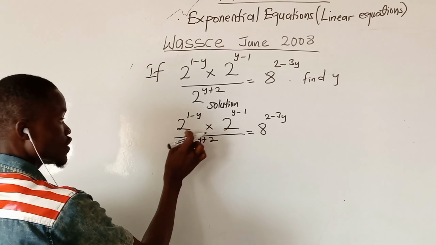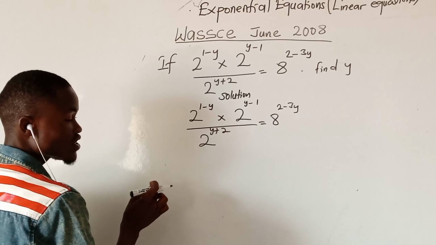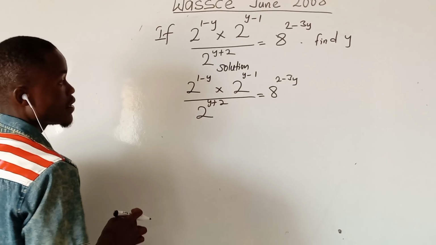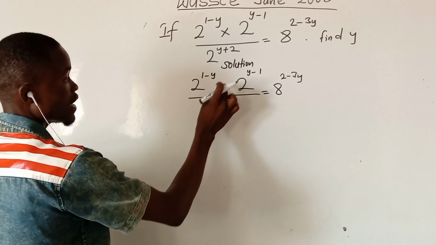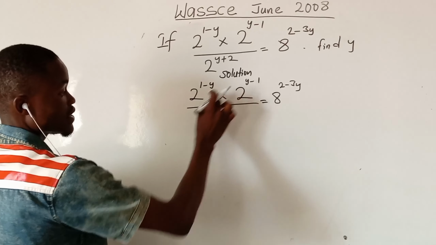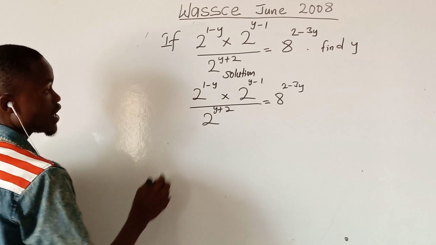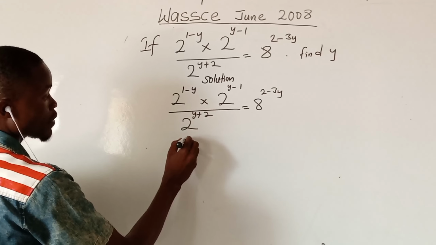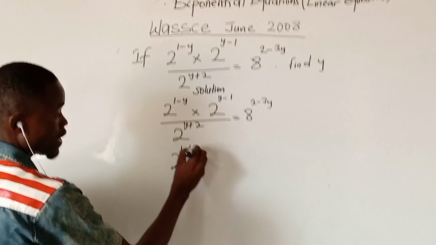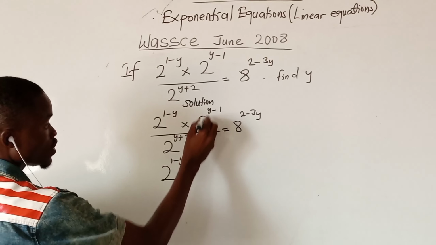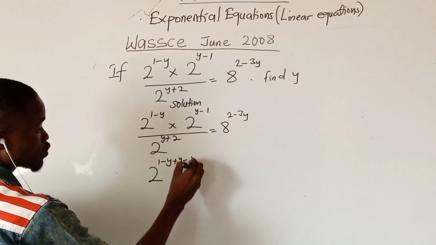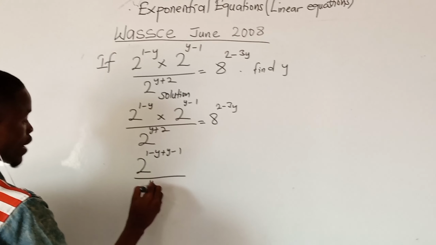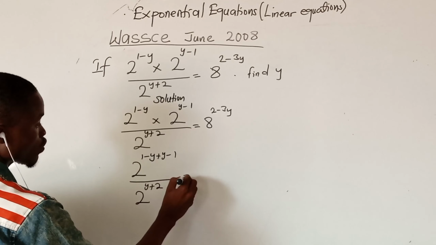This part of the question involves multiplication of indices because they have the same base and the sign between them is times. So we take one base, which is 2, and add the powers: 1 minus y plus y minus 1, all divided by 2 raised to the power y plus 2, equals.